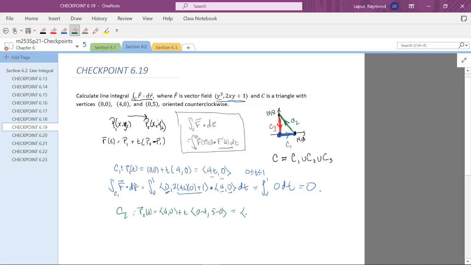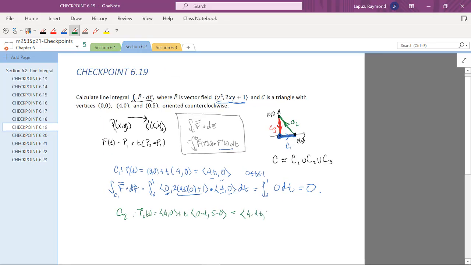Let's simplify that a little bit. This is going to be 4 minus 4t and 0 plus 5t. And again, this is going to be accomplished as t goes from 0 to 1.